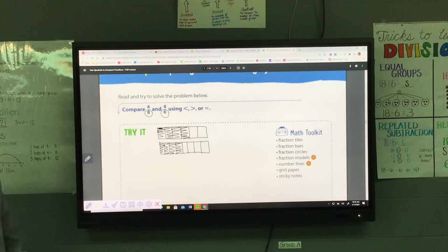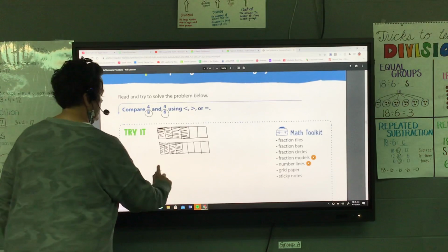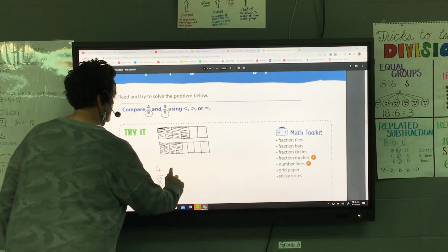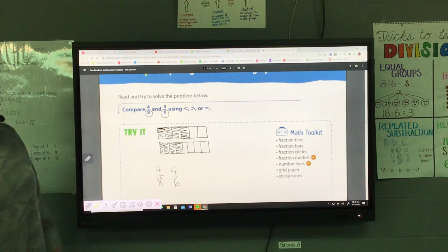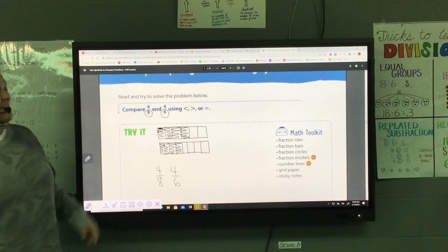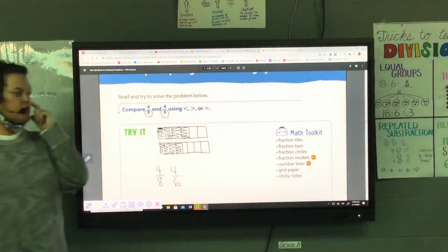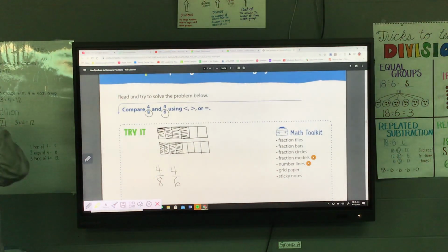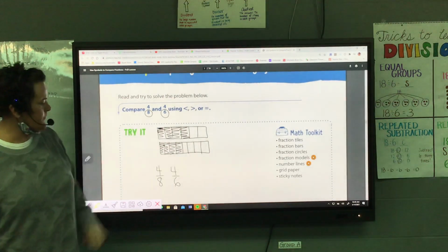All right, so now, if I compare these 2 fractions, 4/8 and 4/6, is 4/8 less than, greater than, or equal to 4/6? Based on what we showed right here.